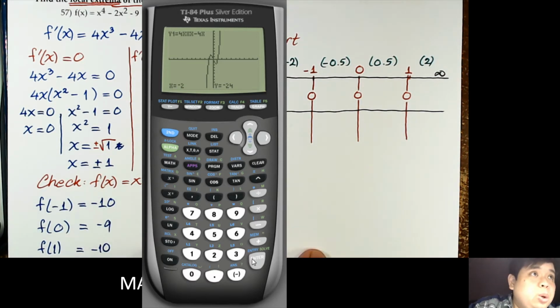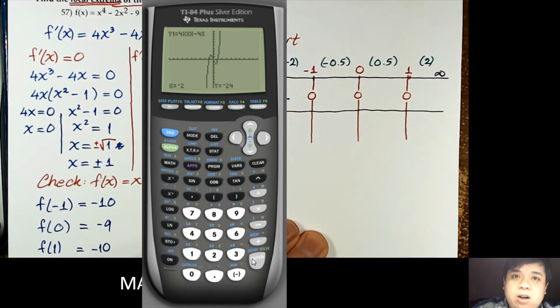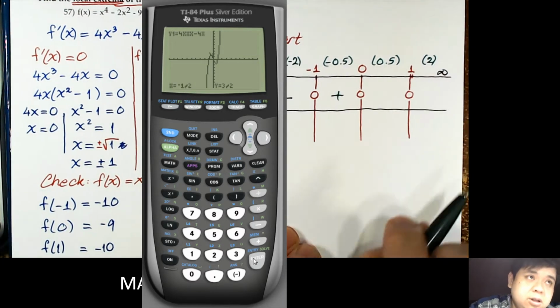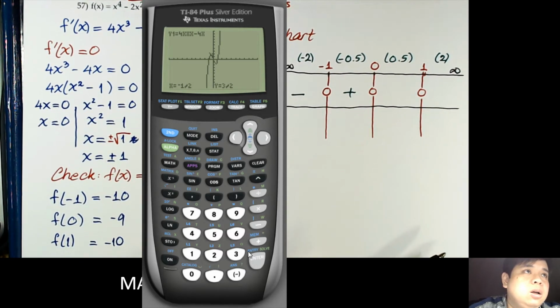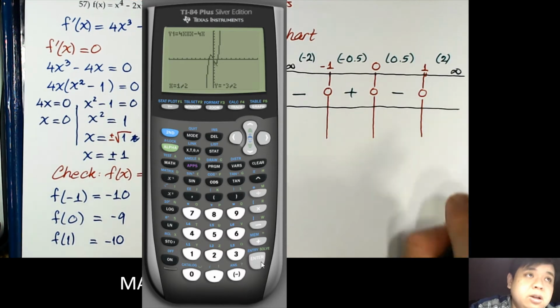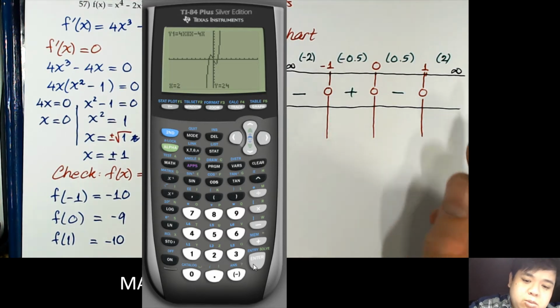Negative 2 gives us negative 24, negative 0.5 is positive, 0.5 is negative, and 2 is positive.